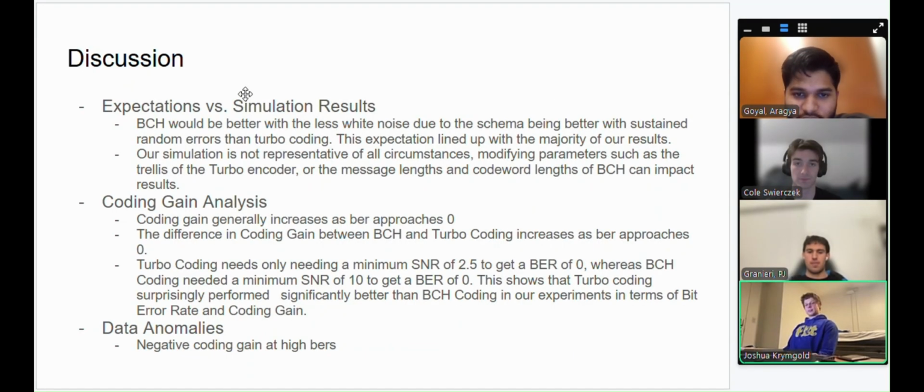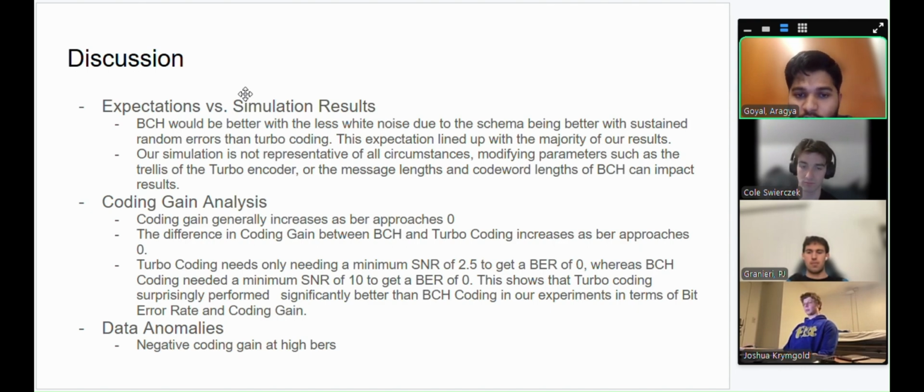In terms of our discussion, for expectations versus our simulation results, we had expected that BCH would be better with less white noise, due to the coding method being better with sustained random errors compared to turbo coding, which is better with bursty errors. This expectation lined up with the majority of the results we found through simulation.